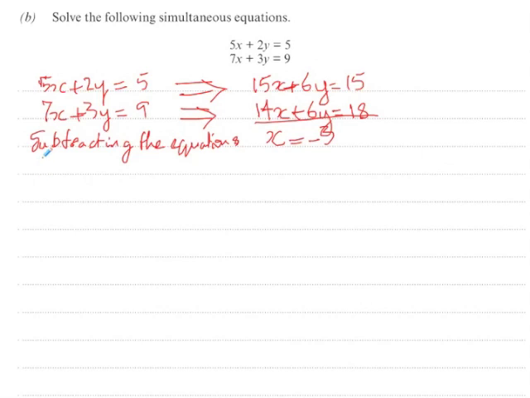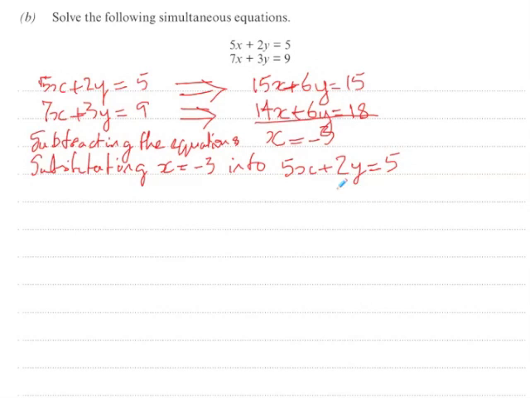Now substituting x equals minus 3 into 5x plus 2y equals 5 gives minus 15 plus 2y equals 5.